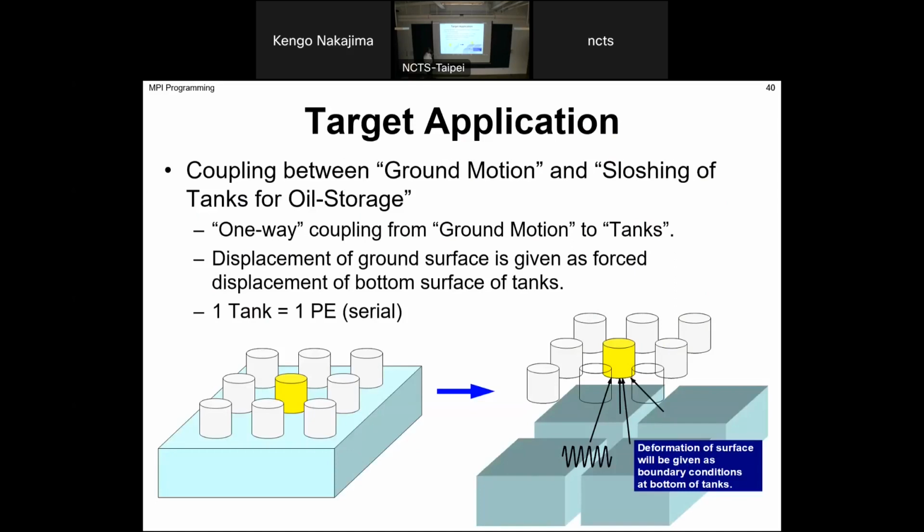This is a one-way coupling from ground motion to tanks. This is an earthquake phenomenon, and this motion is transferred to the tank, and the tank is sloshed. In this case, the ground motion part is divided using a parallel finite element method. The tank is also a finite element method, but each tank has a single process.